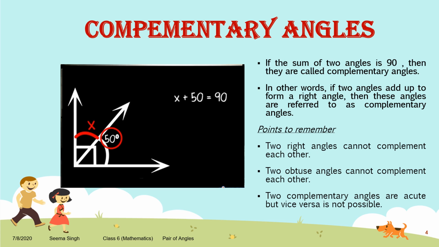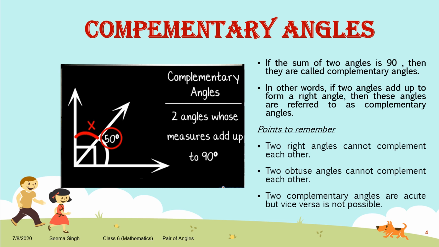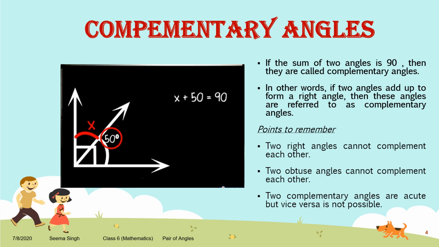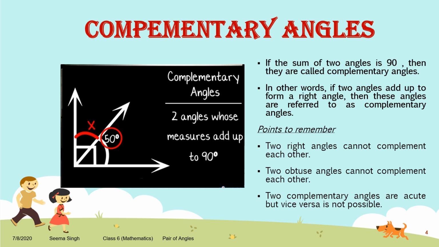But we need to keep some points in mind while looking at complementary angles. First, two right angles cannot complement each other. Two right angles can never be complementary angles. Second, two obtuse angles cannot complement each other. Whenever two obtuse angles are added up, they cannot be complementary angles.